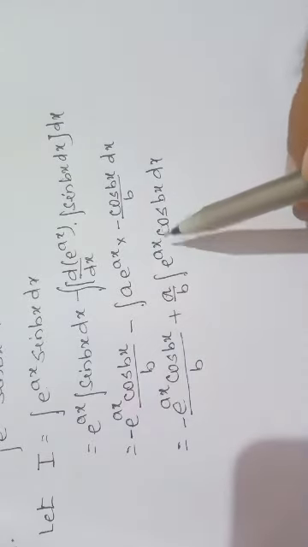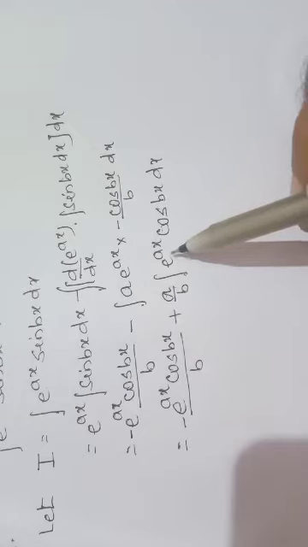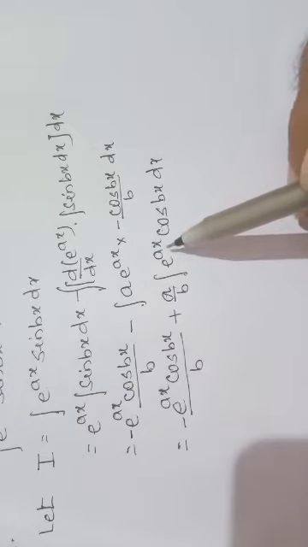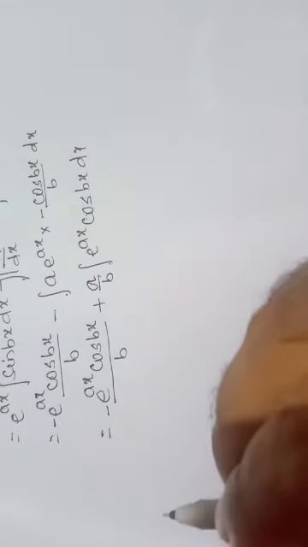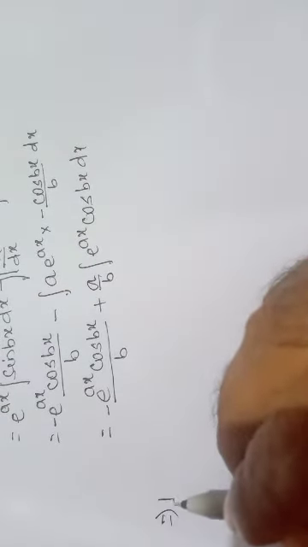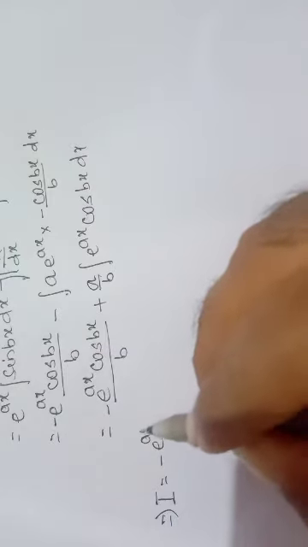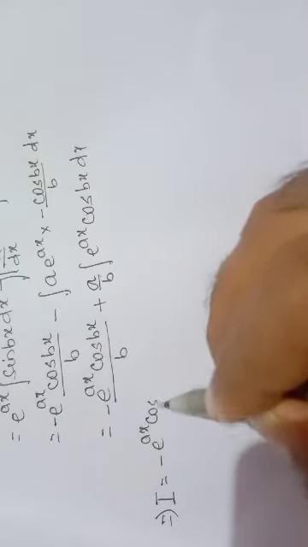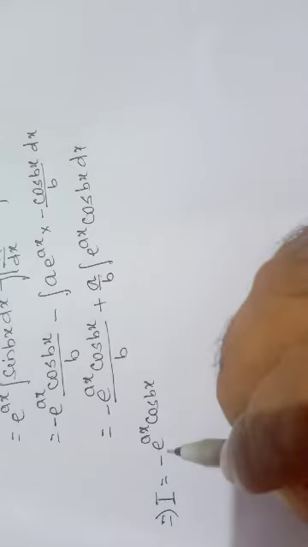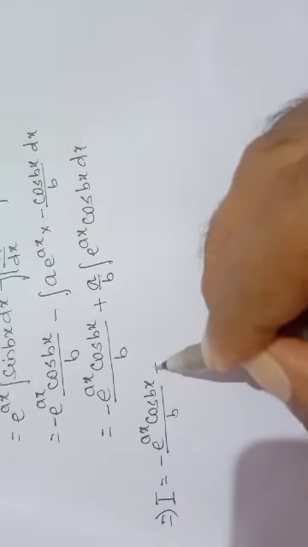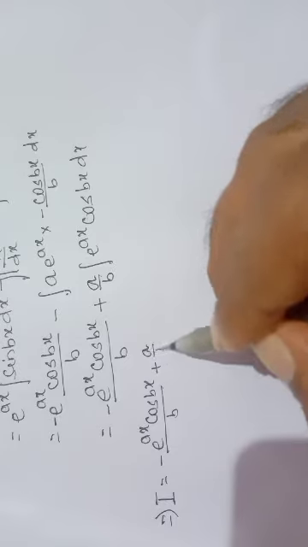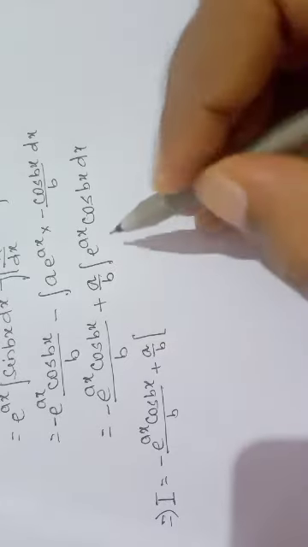In the second part, again apply integration by parts, that means u into v. Then I is equal to minus e to the power ax cos bx upon b plus a upon b, u into v.